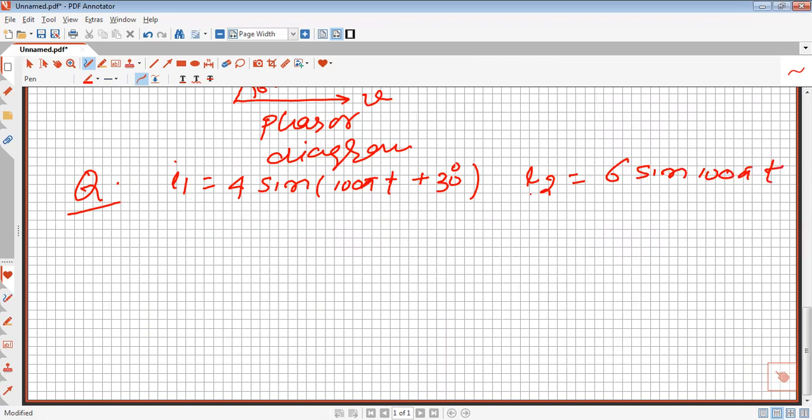In terms of time, draw a phasor diagram to represent the two phasors.